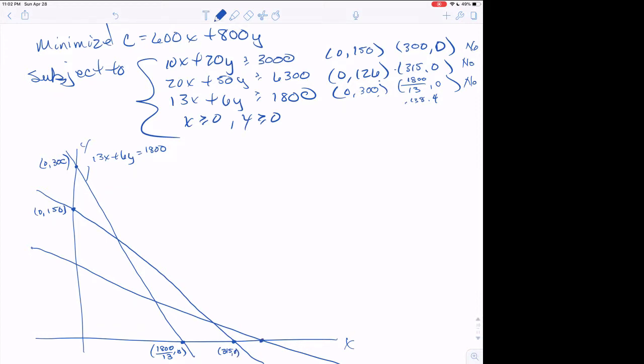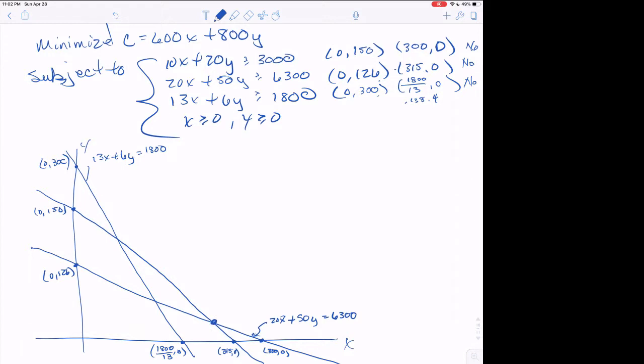My maximum value is 300, 0, and my smallest value is 0, 126. And this line right here is 20x plus 50y equals 6,300.